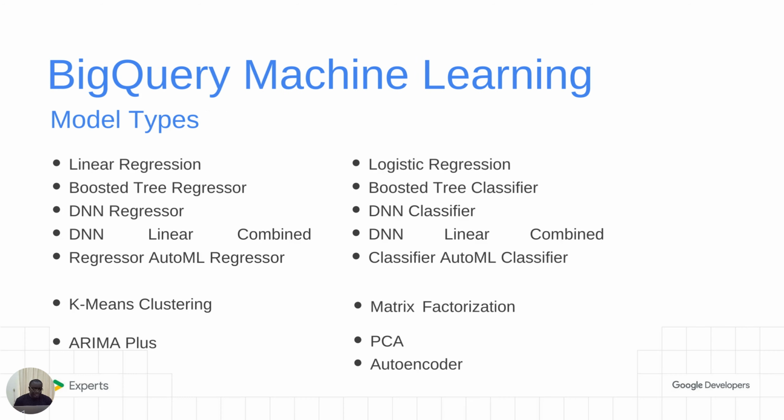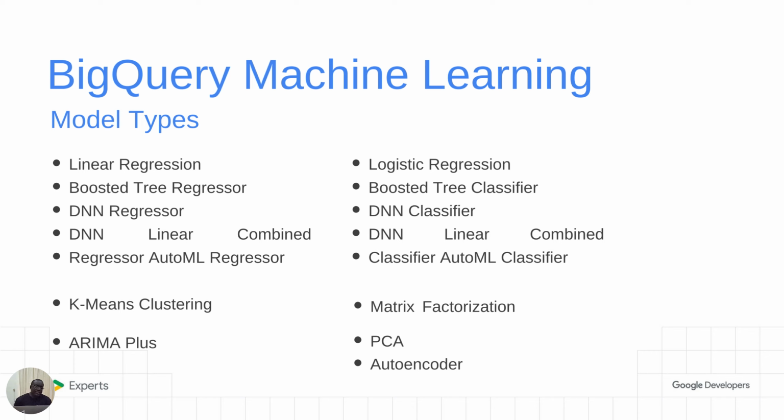So that's BigQuery ML. And BigQuery ML supports various model types, quite a large number of them. So again, if this is your forte, you've got linear regression, you've got boosted tree regression, you've got deep neural networks for regression, you've got linear combined regressors, and you've got the same thing on the classification side.